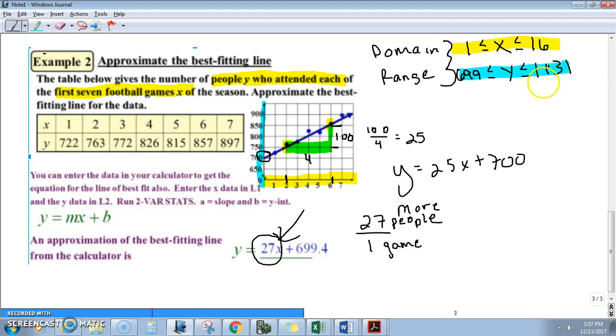After 16 games, this is the most people that would show up. Or we could technically change our range to, instead of just being what we get out of our equation, end it with the number of seats. It can only go up to however many seats are in this stadium.